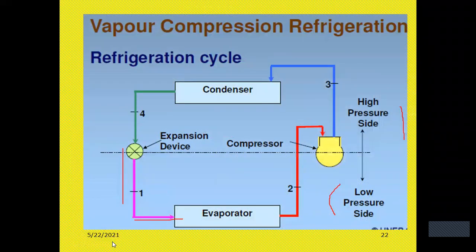In the last class, we discussed that refrigeration systems are of two types. One is the vapor compression refrigeration system, the other is the vapor absorption refrigeration system. The vapor compression refrigeration system is generally used in household and domestic applications.